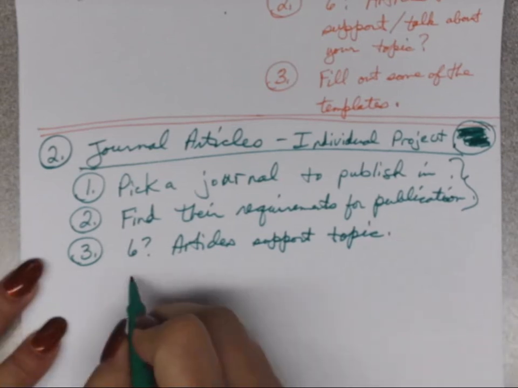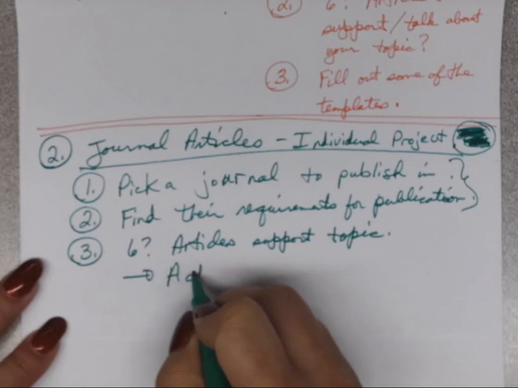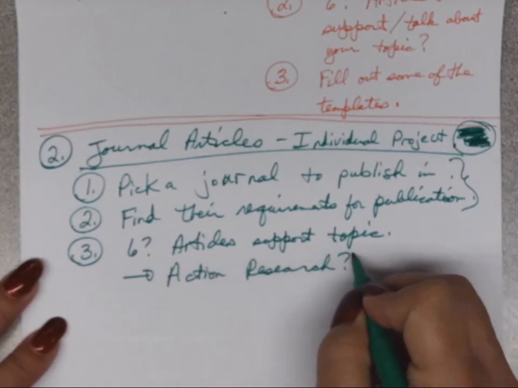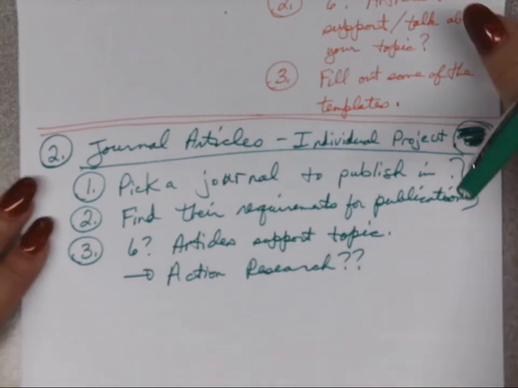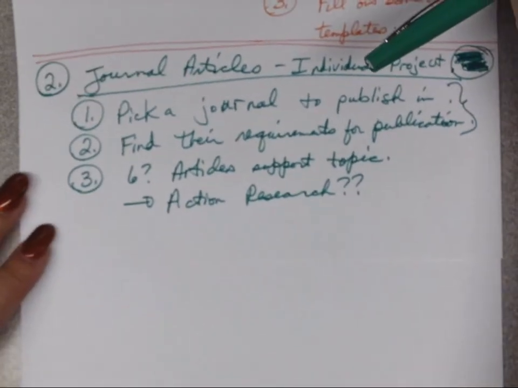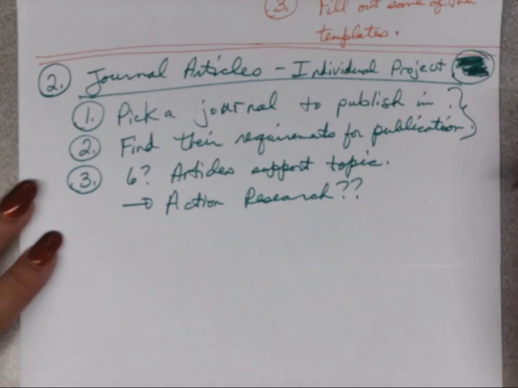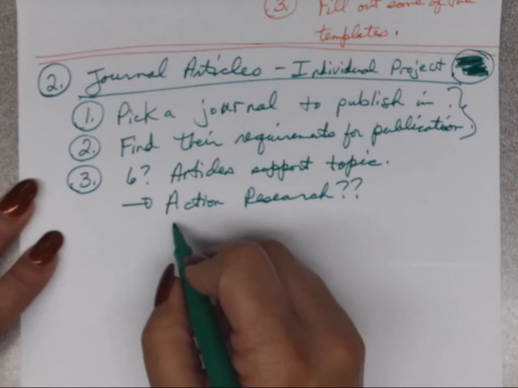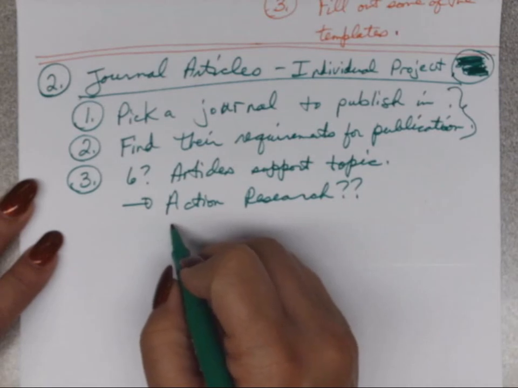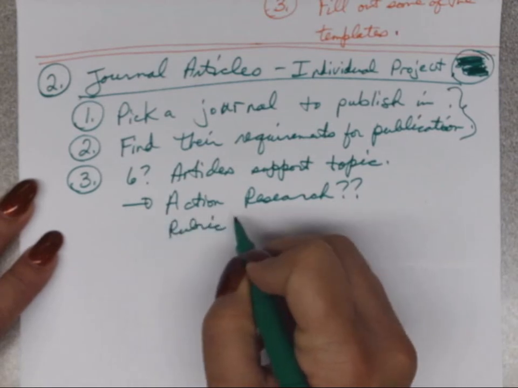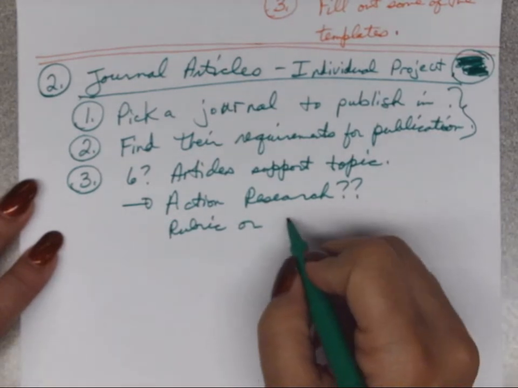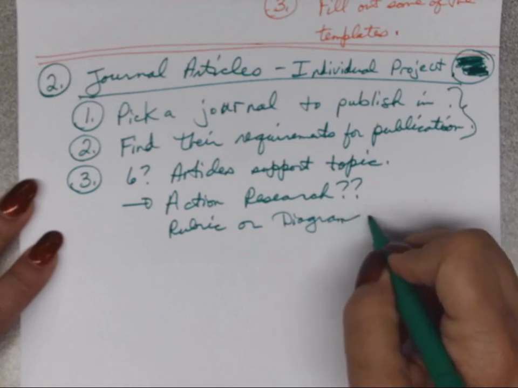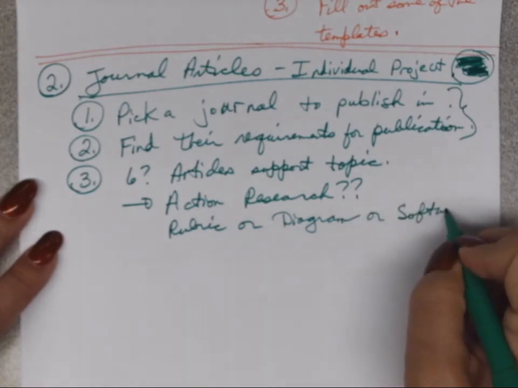So, for instance, if you are a classroom teacher and you've been doing some action research in your class, which basically means you're actually using your students as little guinea pigs, and you have been writing about, or let's say that you have been using a particular rubric or a particular diagram, something like that, or a particular software system, okay?